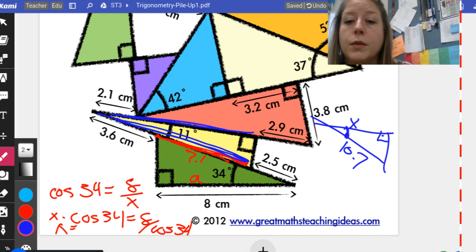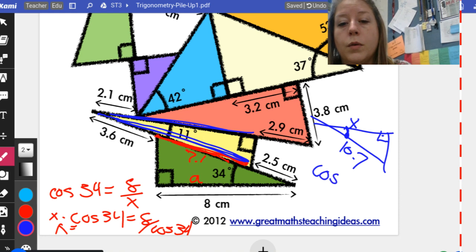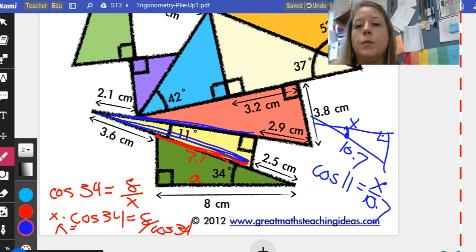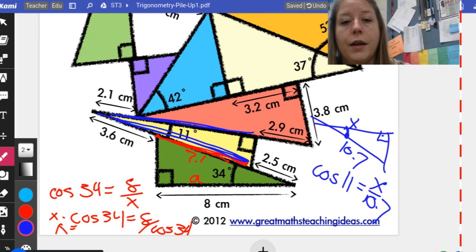So this is going to be cosine again. So cosine of 11 equals adjacent over hypotenuse. So multiply both sides by 10.7. 10.7 times cosine 11, I get 10.5 rounded, so my x is 10.5.